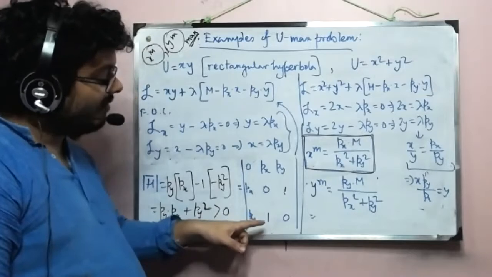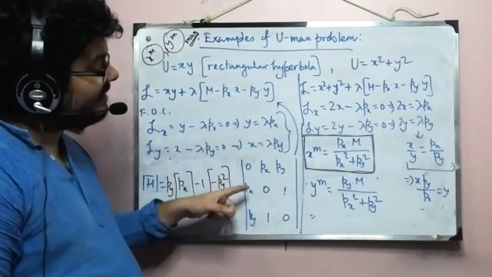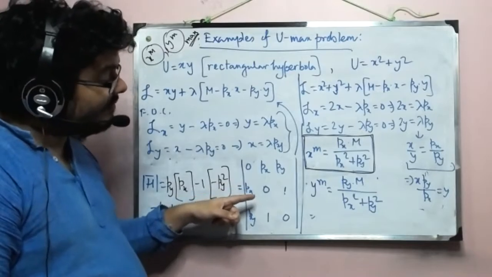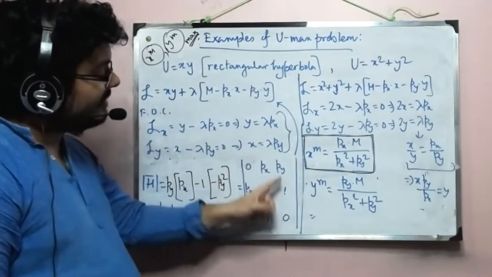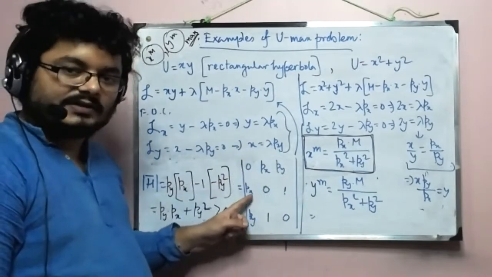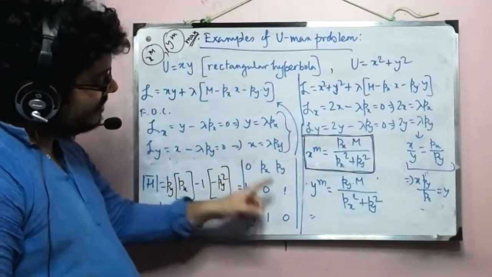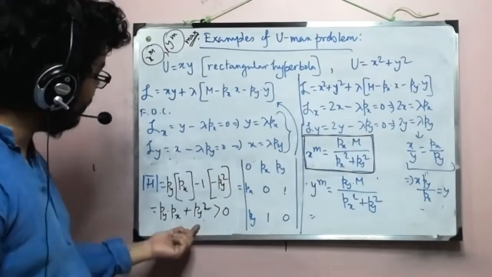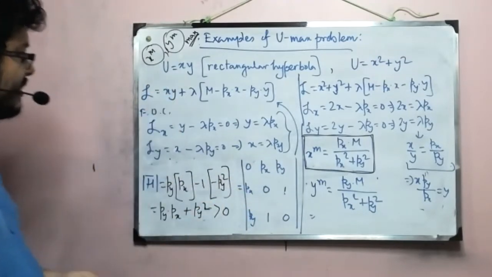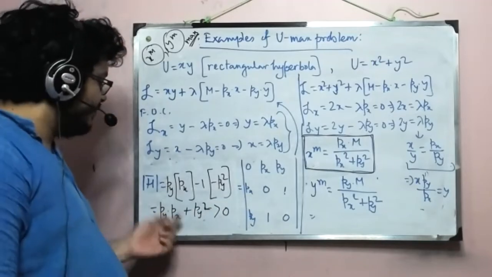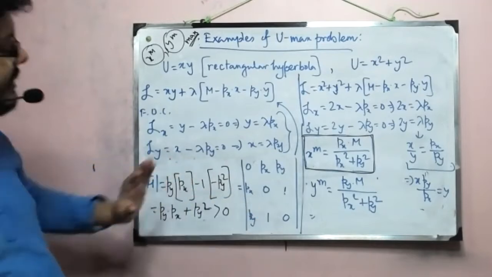We did not need to evaluate it at the optimum point. The reason is very simple: this determinant does not contain any x and y. It contains only parameters and numbers. So what we have found holds true for the entire u equal to xy, given that px and py are positive.